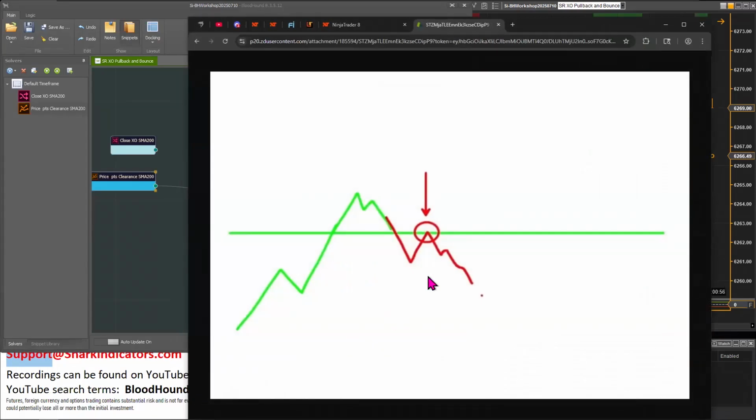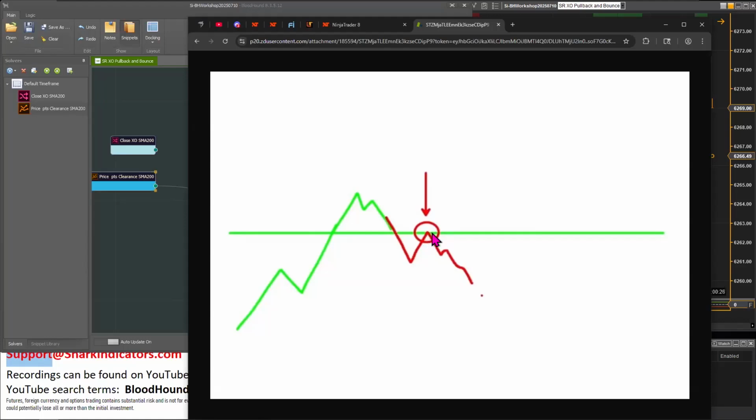our screenshot here. All right, so the next step is price needs to pull back to our SR level, and it needs to pull back to within some price range. So the bars need to be in some kind of proximity to our support resistance level.